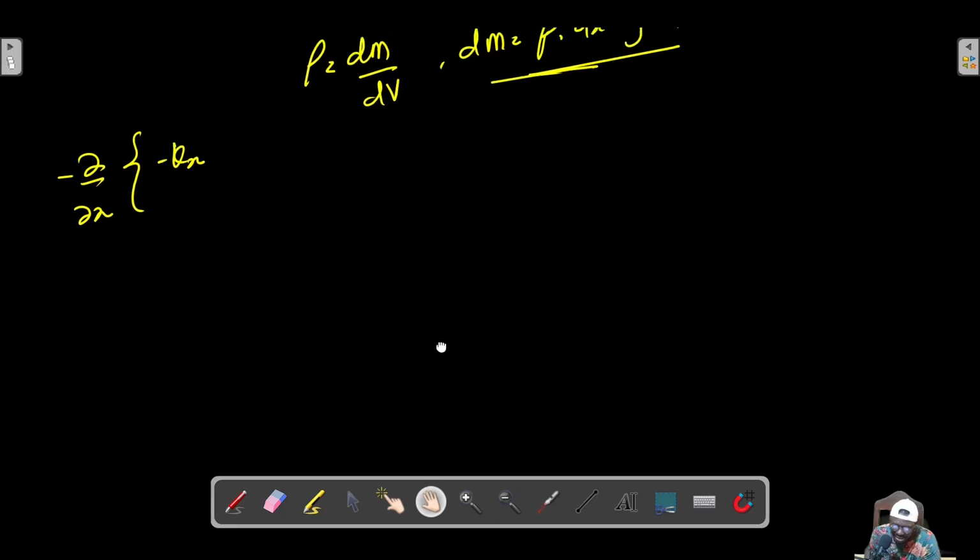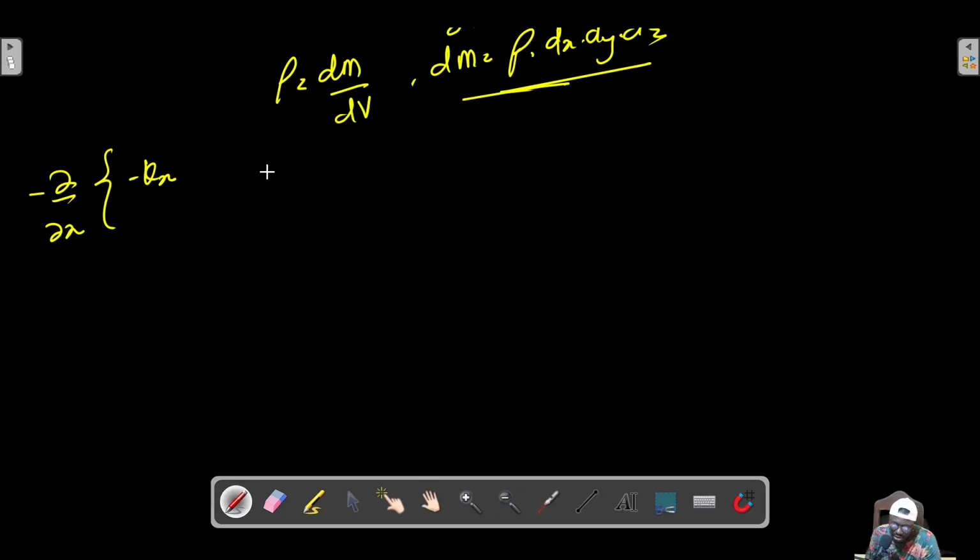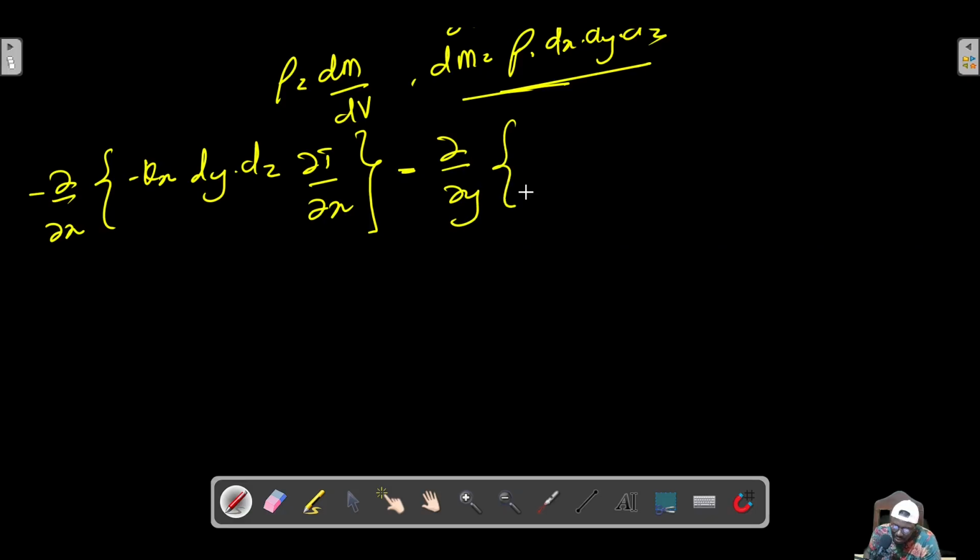So doing our substitution, the equation will be negative kx dy dz del T del x, minus del y of negative ky, that is the area dx dz, multiplying del T over del y. Here it is supposed to be dx.